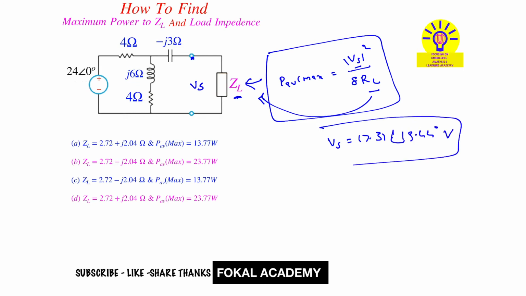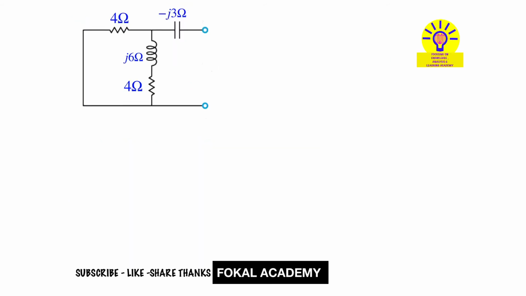Now similarly, find the load impedance. How can you find the load impedance? For that, first of all find the Thevenin's resistance. For that, short circuit the voltage source. By redrawing, the circuit becomes like this. For getting RTH here, the voltage source is short circuited.